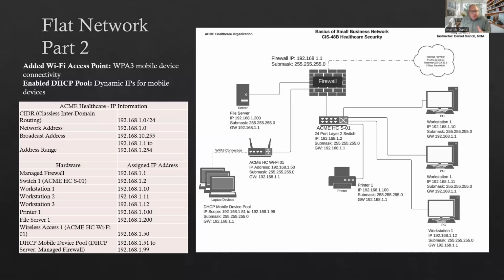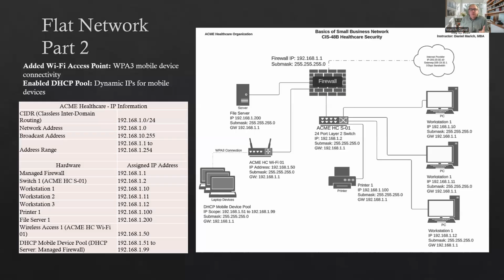These devices will be set up as DHCP devices, and when they log in through the Wi-Fi, it will see it as a DHCP device and assign it an IP address within this range that I've set up here, 51 to 99, right? So they still all have the same gateway, but when we set them up, we're not setting them up as static IP connections. We're setting them up as DHCP connections.